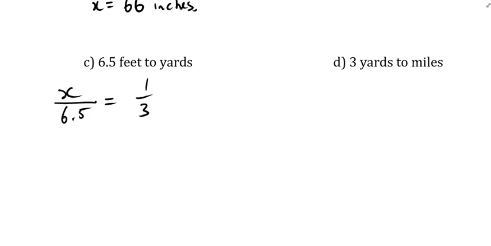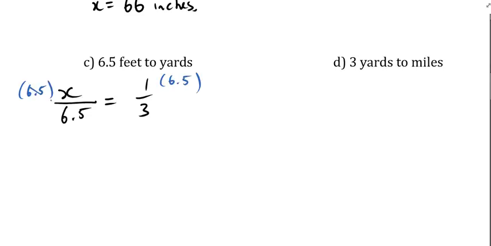So when you set this one up, it's a little bit different. X over 6.5 equals 1 over 3. And like I said before, some of these are easier, some of these are trickier. And sometimes your brain plays a trick on you. So I'm going to multiply both by 6.5.